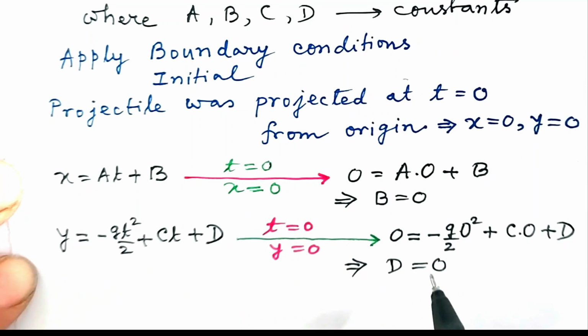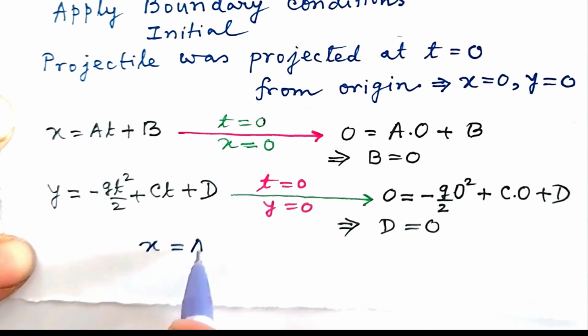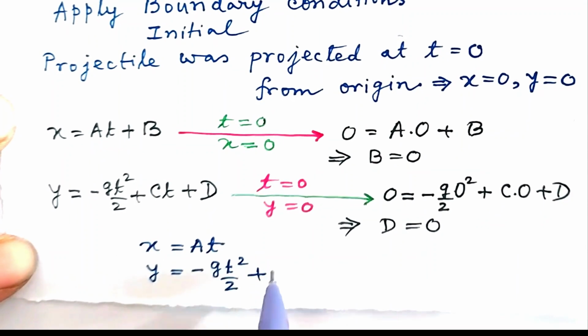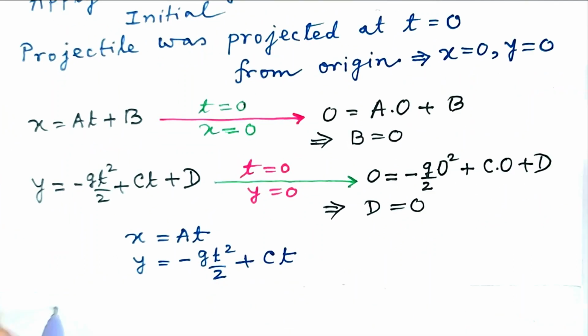With b equal to 0, d equal to 0, let us rewrite the position equations, and they are x equal to at, y equal to minus gt square by 2 plus ct. Note that we still have the task of finding two more constants, namely a and c.